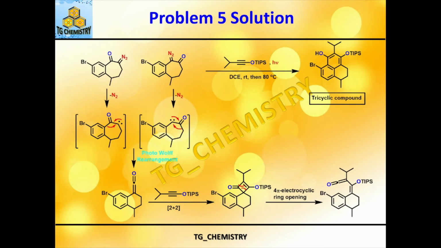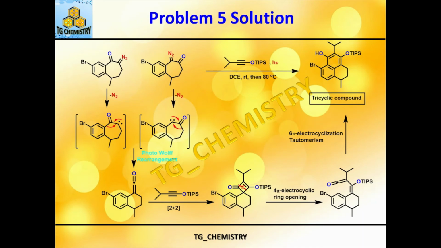This further undergoes a 6-pi electrocyclization reaction, followed by a tautomeric reaction, and eventually they will end up with the substituted dihydrophenylene derivative. So this is an example of how diazoketones react to form different compounds involving the electrocyclization process. This is a classic example of that.